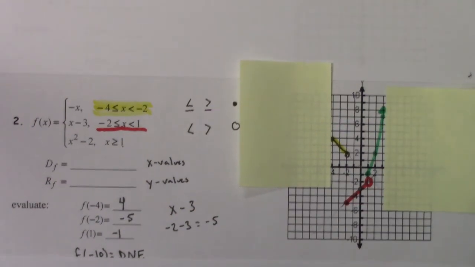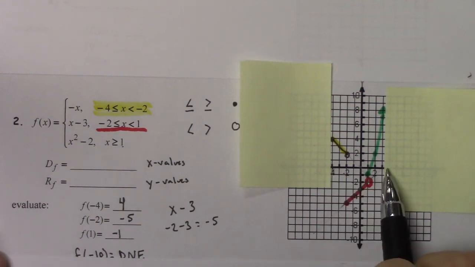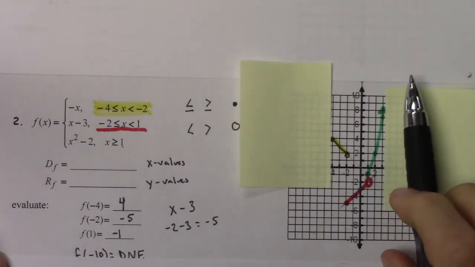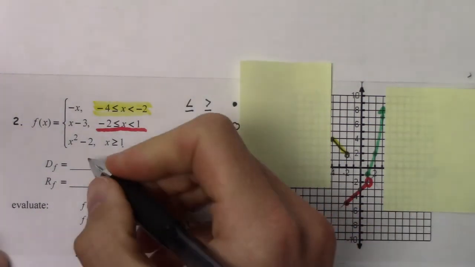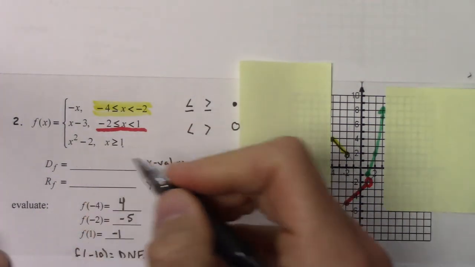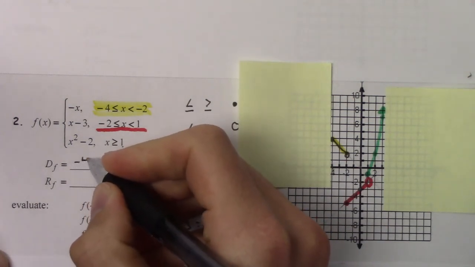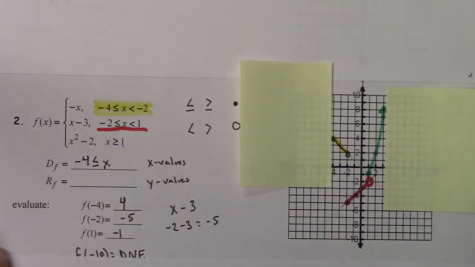So what that means is when I look at the x-axis values, I can include anything from negative 4 up to, anytime we hit an arrow and it keeps going on forever, we think about it as infinity. In this way, I would be able to say that my x-axis or domain values are going to be negative 4 is less than or equal to x.